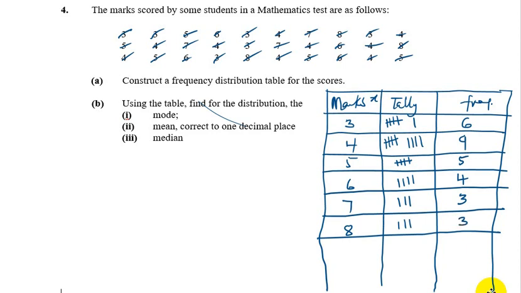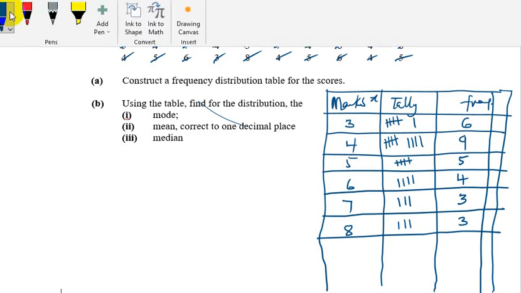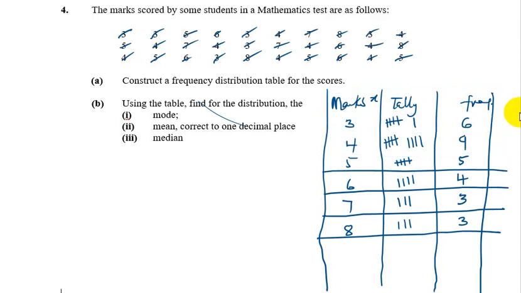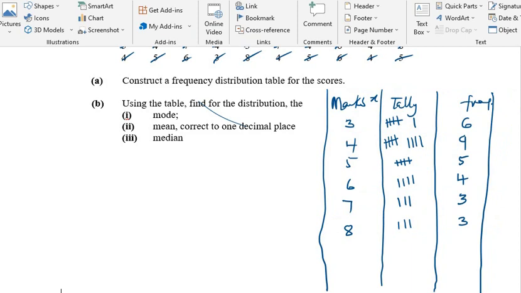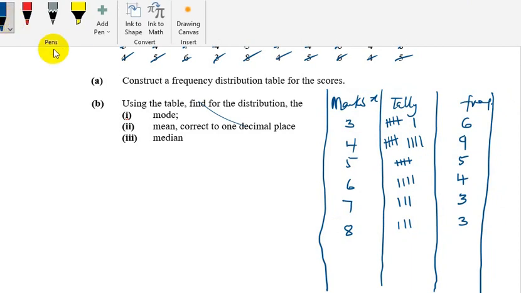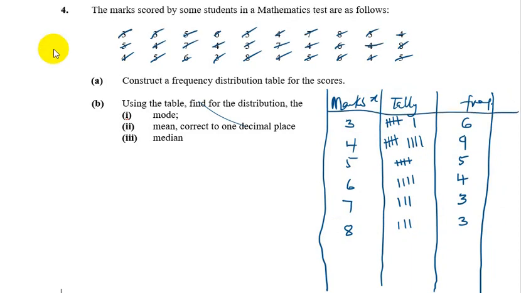Now we are not done. We have to find another column called the fx, the multiplication of the x and the f, because this is f, right? So we will have it like this.